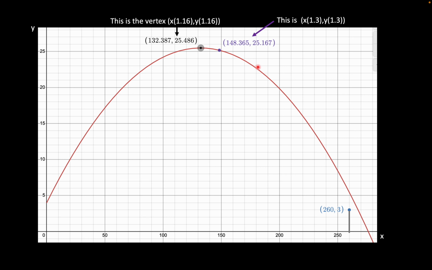And then here is the comparison with the wall. We evaluated that the height at the time when the ball traveled horizontally 260 feet was a little over 5 feet. So that's more than the height of the wall, which is only 3 feet. So yes, it cleared the wall, and here it is shown visually.